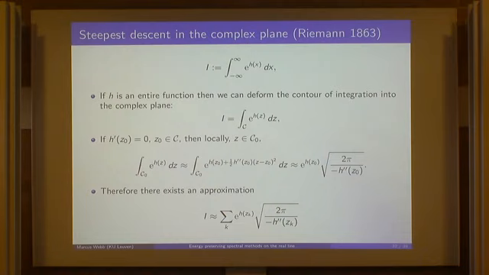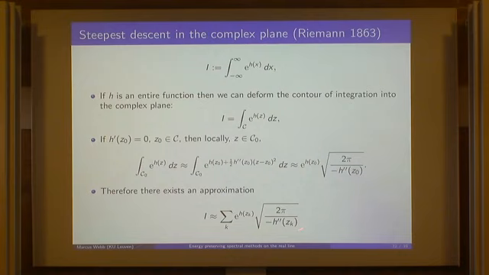So with lots of hand waving, locally this integral is well approximated by something that's local to a point in the complex plane z0. And so if you take some points in the complex plane where the derivative of h is 0, you can add all the contributions up to get an approximation of this form.